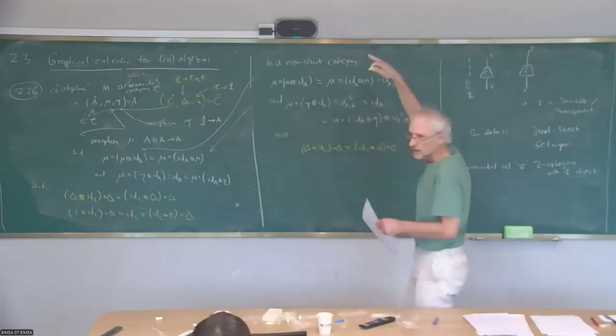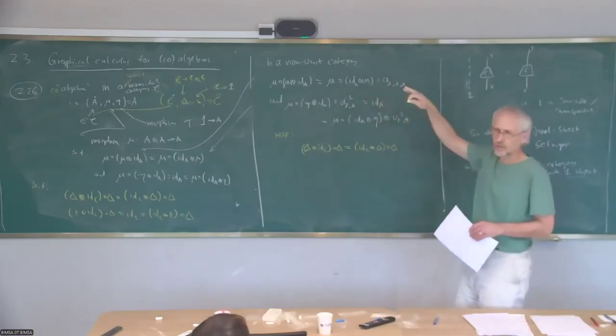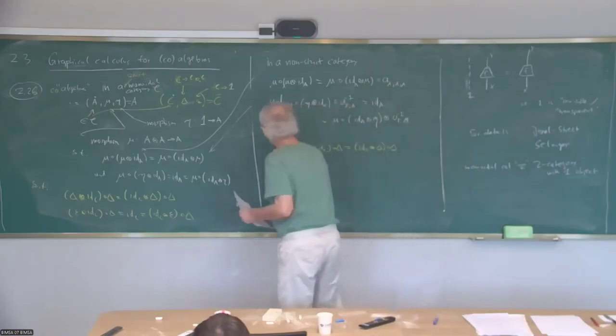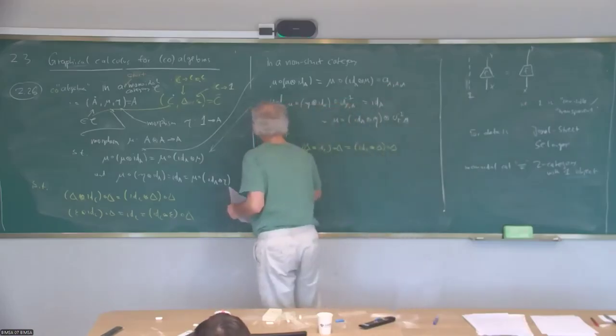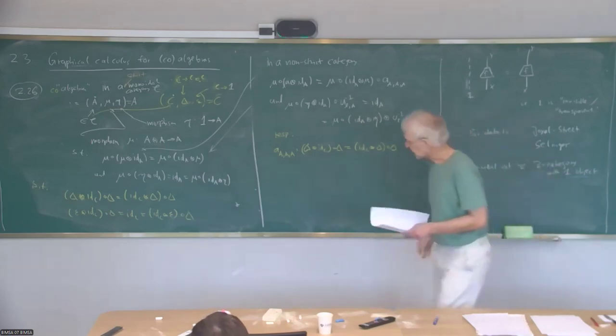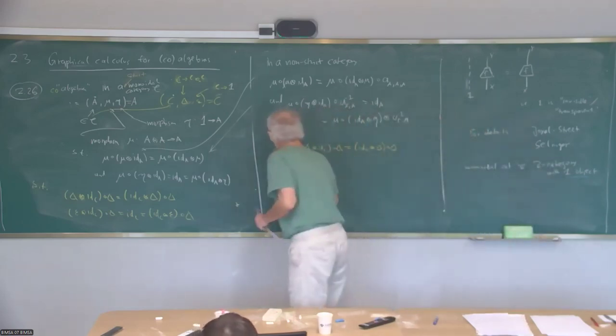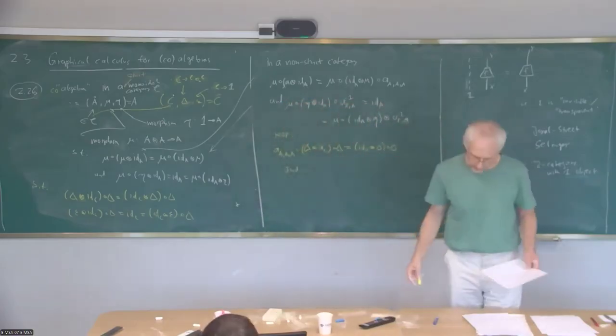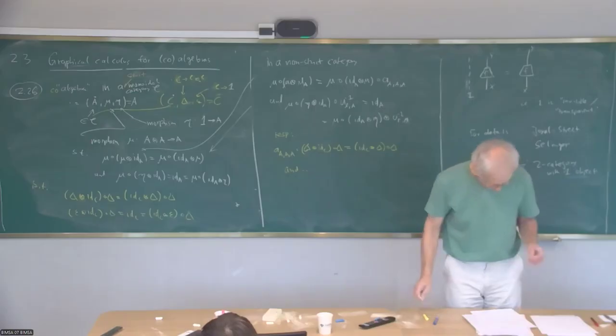Now we have three copies of A in the codomain, and therefore we have to put an associator here, or the inverse associator here, and you can imagine correction for the co-unit properties.